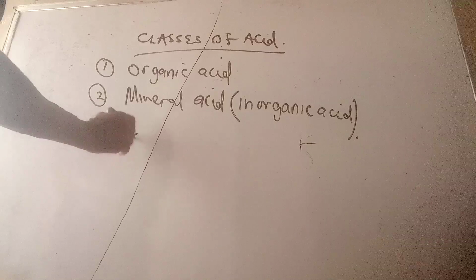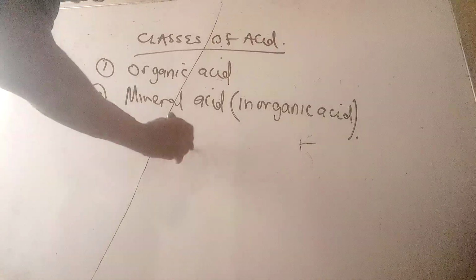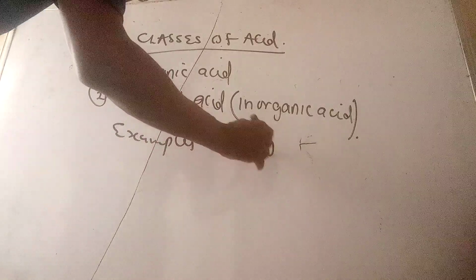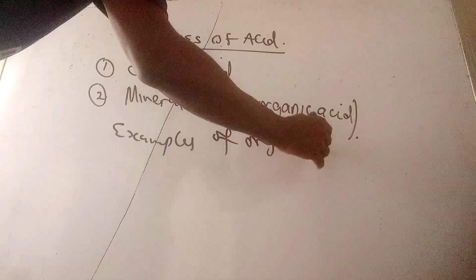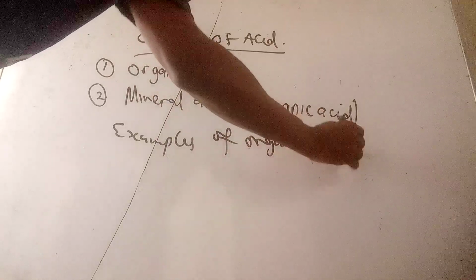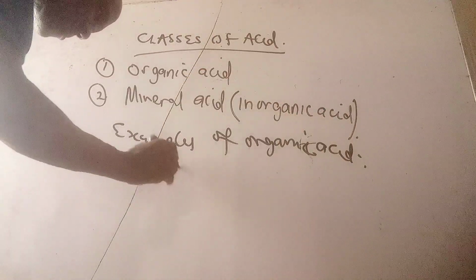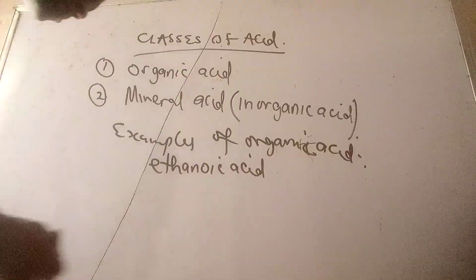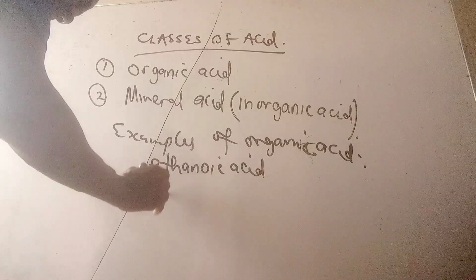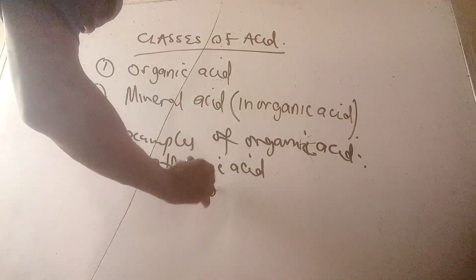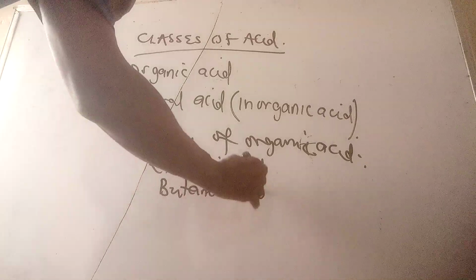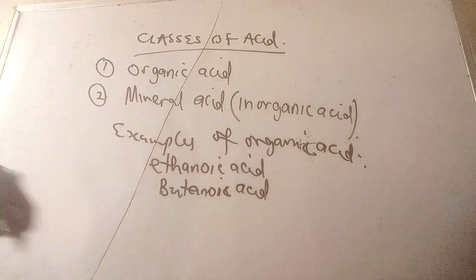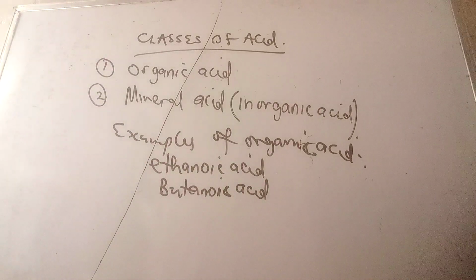Examples of organic acid are ethanoic acid and butanoic acid. All this will be taught in organic chemistry when you get to SS2.